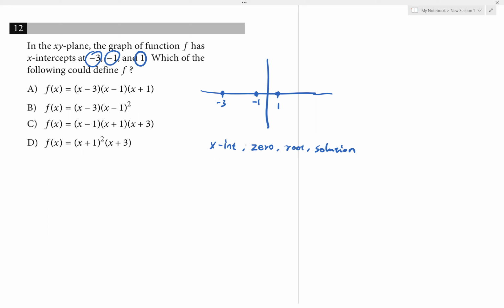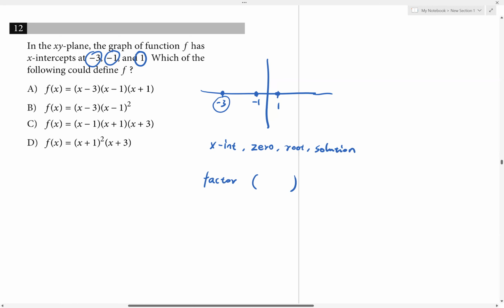But if you write these in factored form, the factor is in the parentheses. The number you put in the parentheses will be the opposite, so we have to switch the sign.